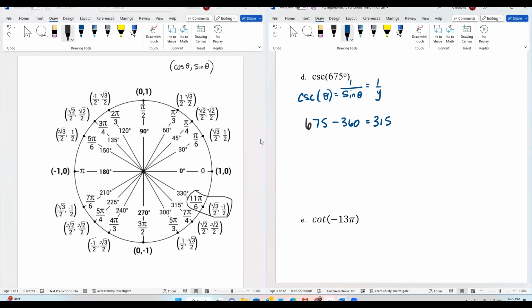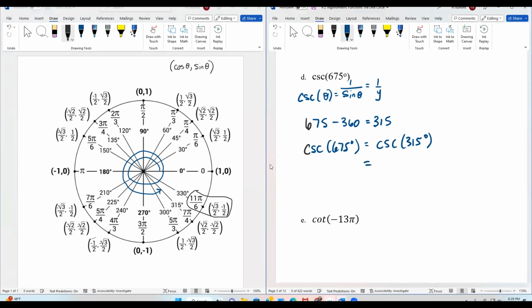What it really means is 675 means I go around the circle once, and then another 315 degrees. So that would be the total angle. And so I can just use 315 degrees to figure out the cosecant of 675 because they land me in the same position. So cosecant of 675 is the same thing as the cosecant of 315.